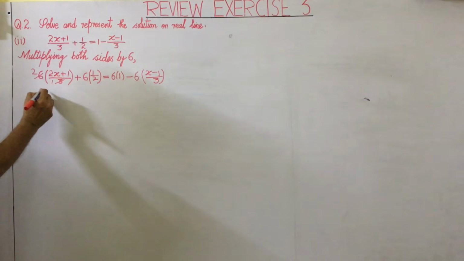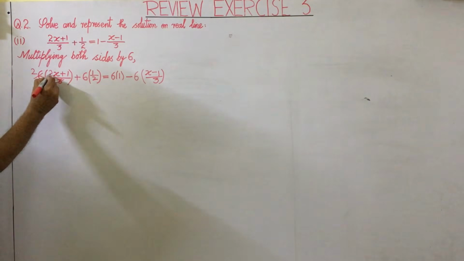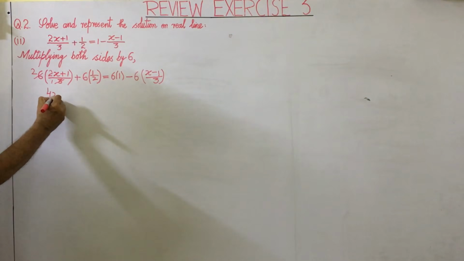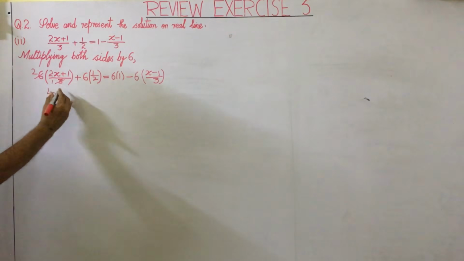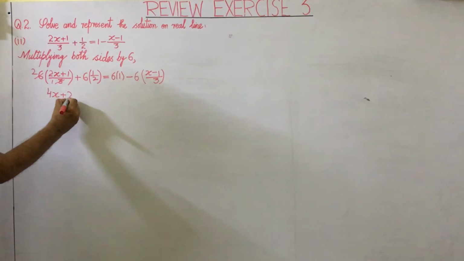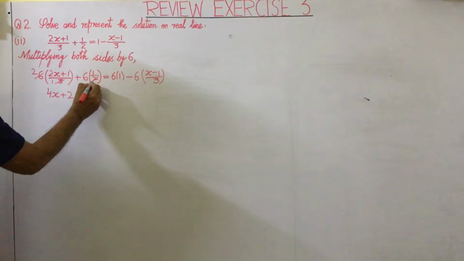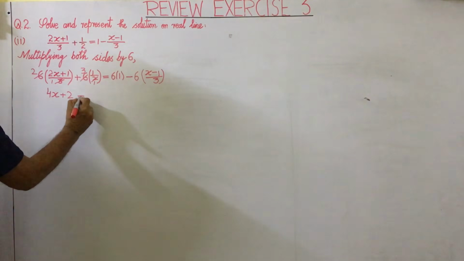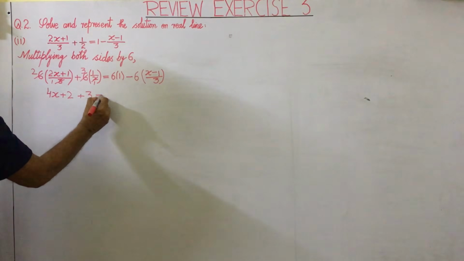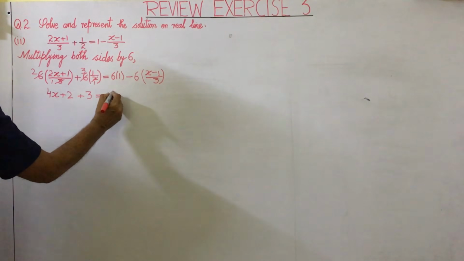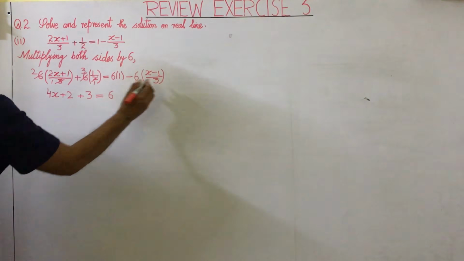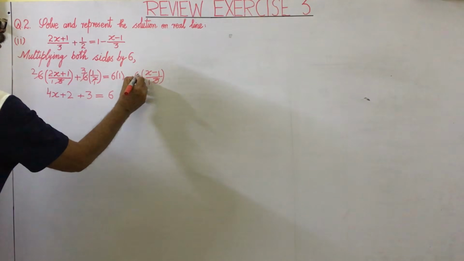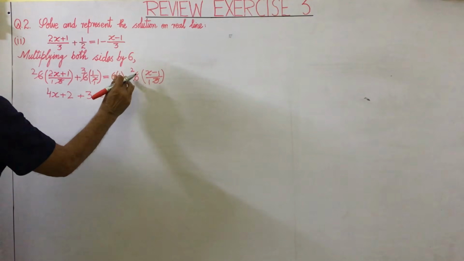So it is 2 twos are 4x plus 2 ones are 2. 2 ones are 2, 2 threes are 6, 3 ones are 3. 6 ones are 6, 3 ones are 3, 3 twos are 6.